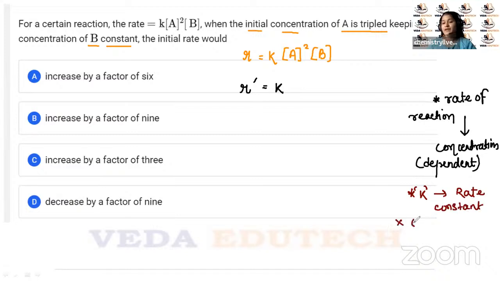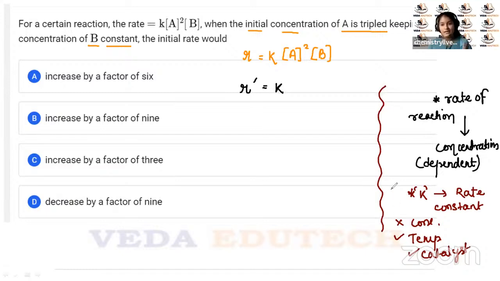It is independent of concentration. It is dependent on temperature. It is dependent on catalyst. Okay, these are the things that you need to remember as of now. Very, very important. Rate of reaction will change when you change the concentration, whereas the rate constant will not change if you change the concentration. Rate constant is going to change only when you change the temperature or add some catalyst, because that is involved with the activation energy that we'll see ahead.